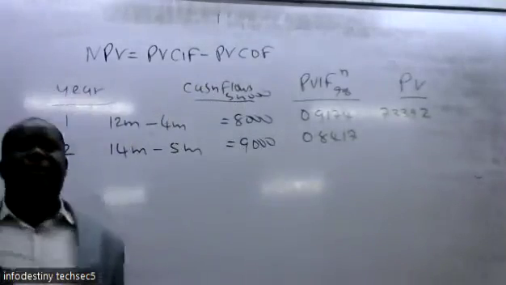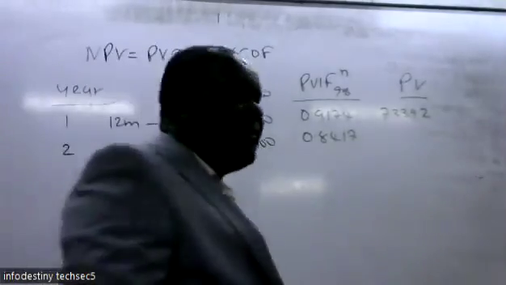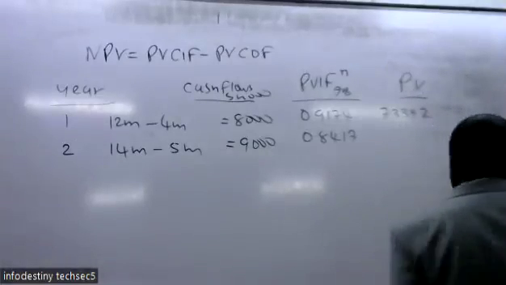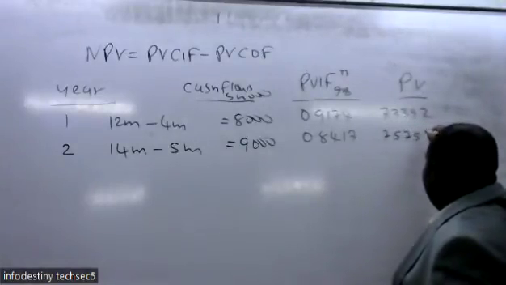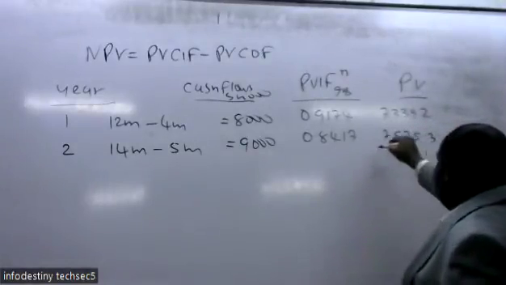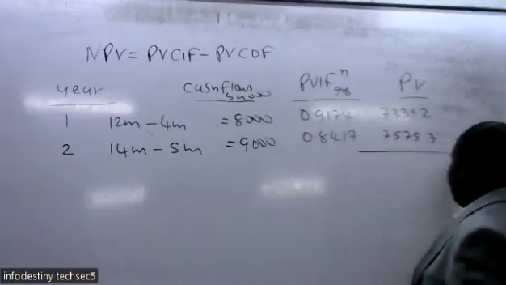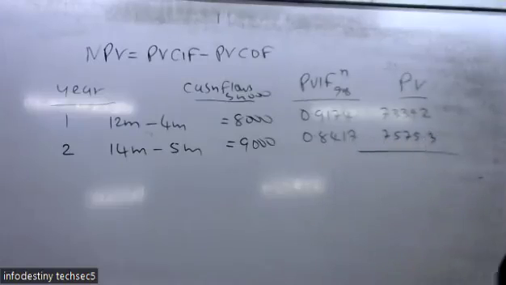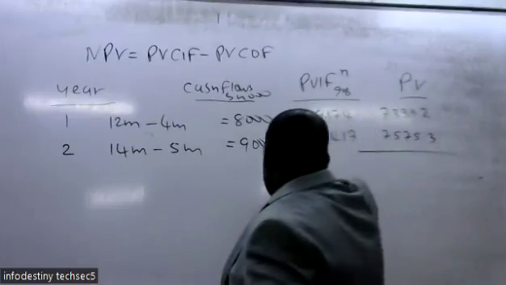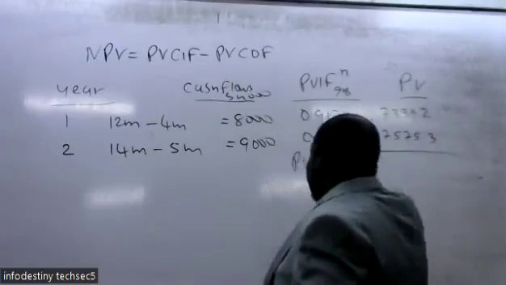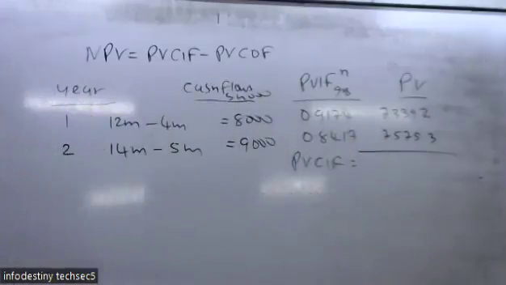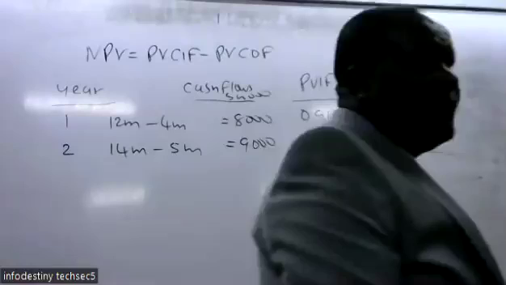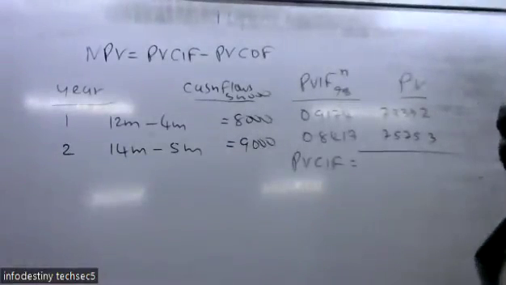When we multiply, it gives us about 7,000-something. So add them together to give you the present value of the cash inflows, which comes to about 14.5 million.